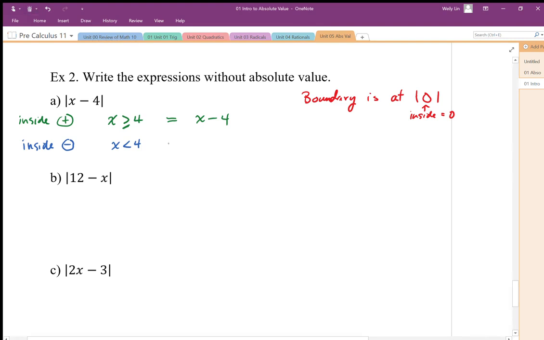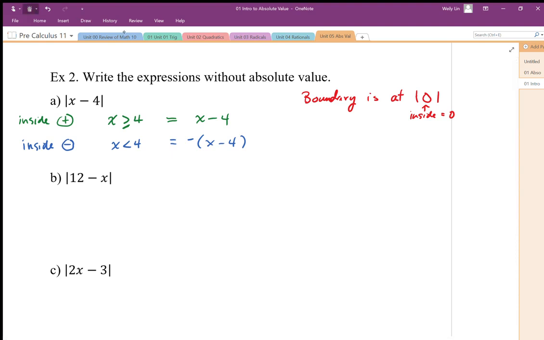Now, if x is less than 4, we end up with a negative inside the absolute value. So what will the absolute value do? It will flip it. It will change it from negative to positive. How do I change a negative to positive? I take the original x minus 4, and I need to make it its opposite. So it's going to be a negative.